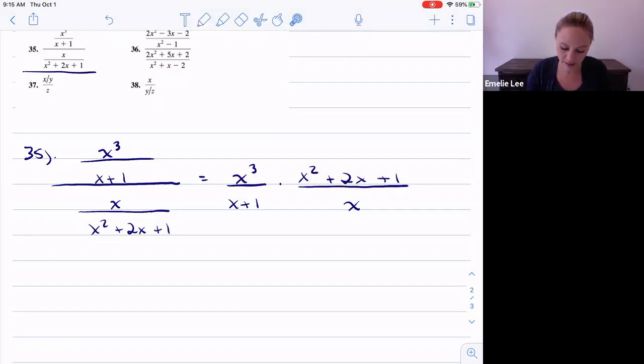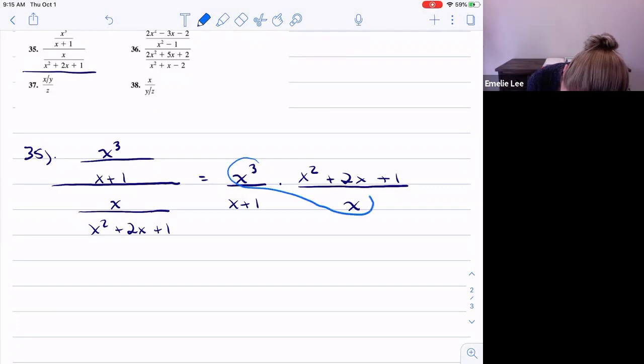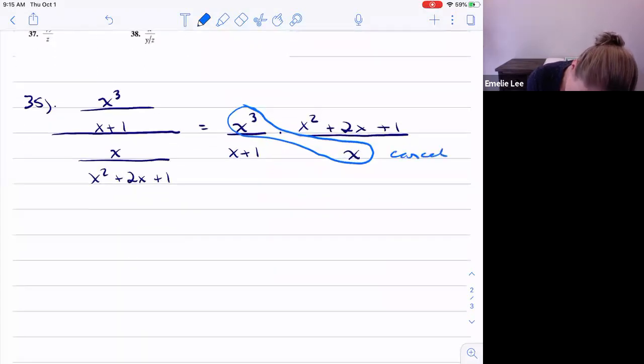Already I'm seeing a couple of things that I'm able to cancel. Because I'm multiplying here, I'm allowed to cancel. It's going to cancel this x, and then x to the 3 becomes x squared.